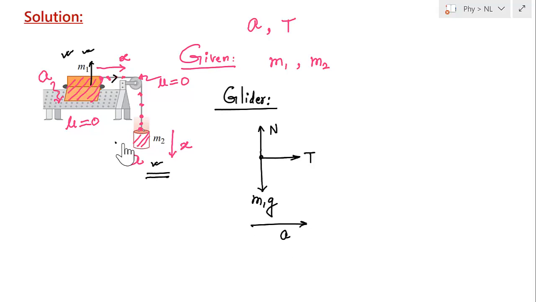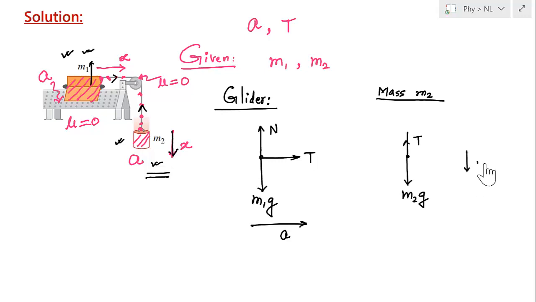Now let us draw the free body diagram for mass m2. So this is mass m2. Once again I will show this using a point, and the weight is acting in the downward direction, and this is m2g, and tension is acting in the upward direction, and this is tension T, and this is moving in the downward direction with acceleration a.